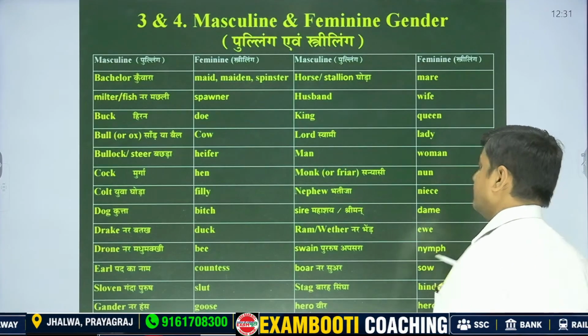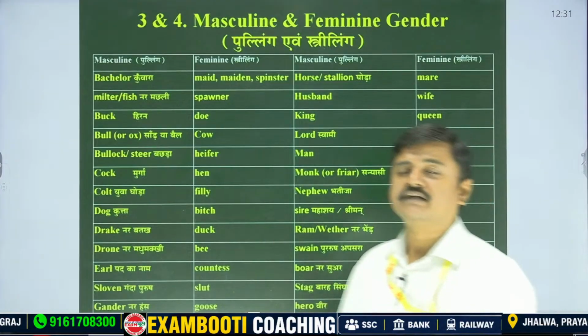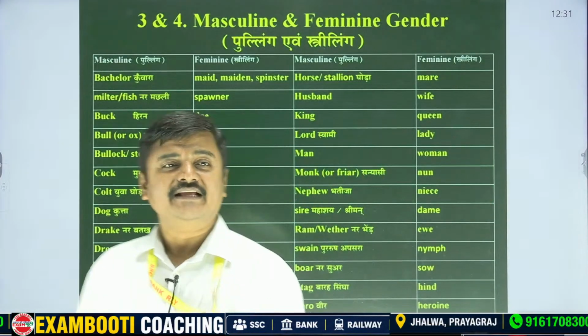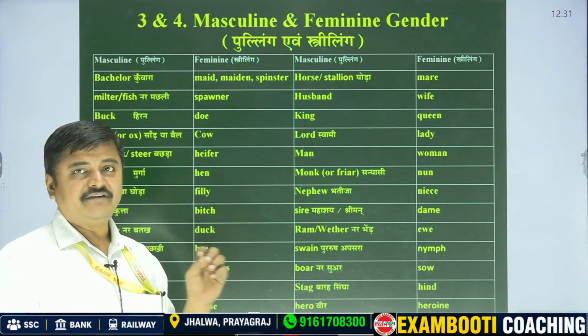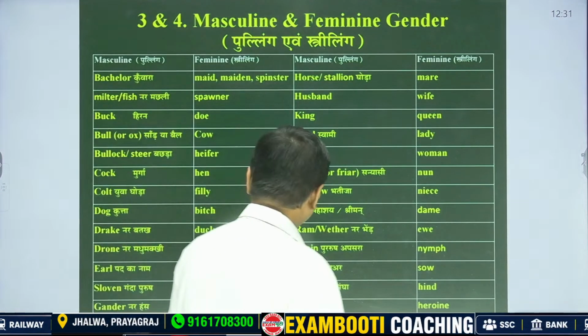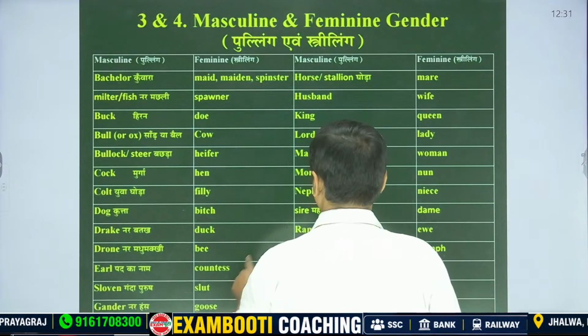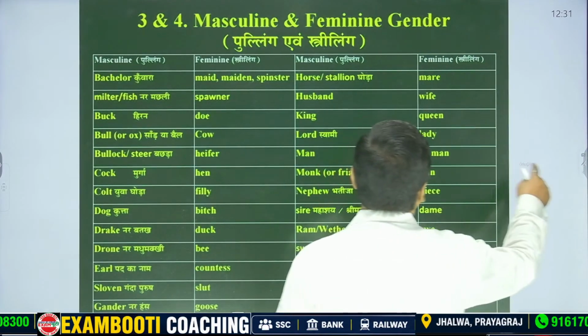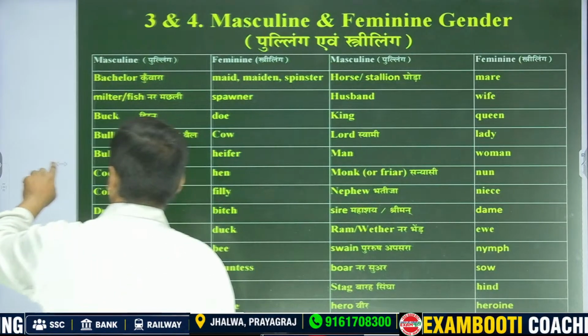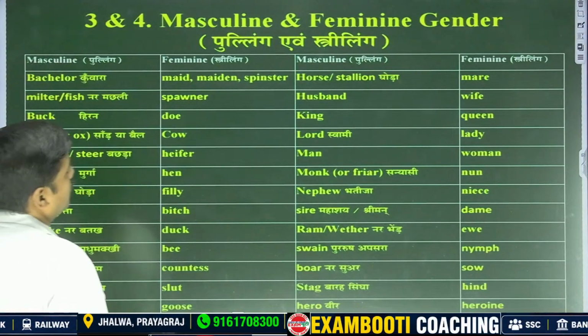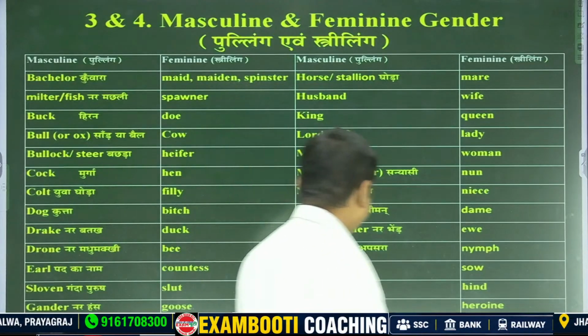Now move to the most important segment, and that is masculine gender and feminine gender. This is where most students make mistakes, so you have to keep this in your mind.